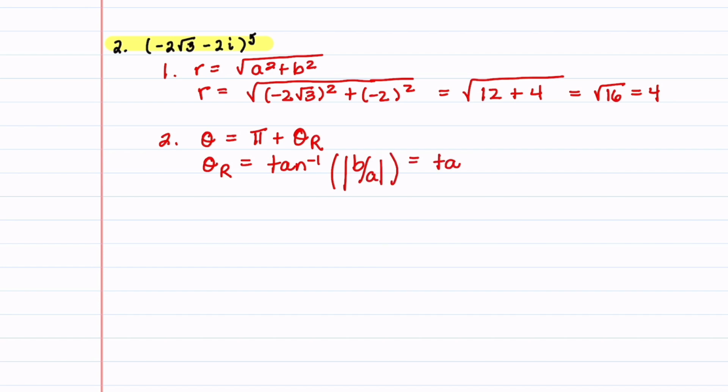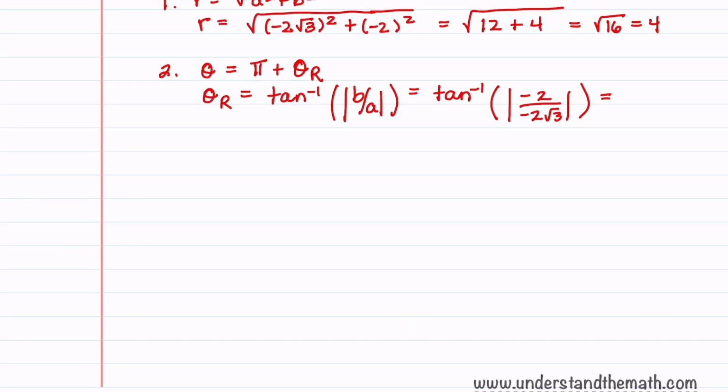So this is inverse tan of the absolute value of minus 2 divided by minus 2 root 3. This is equal to inverse tan of 1 divided by root 3, which we know is equal to pi over 6. Our theta then is equal to pi plus pi over 6, which is 7 pi over 6.